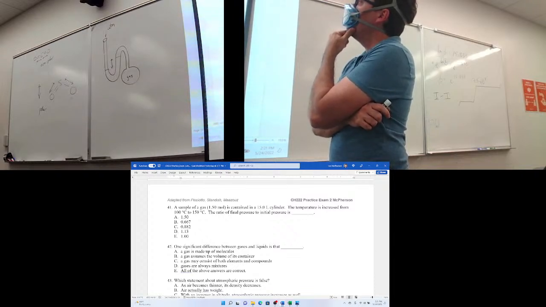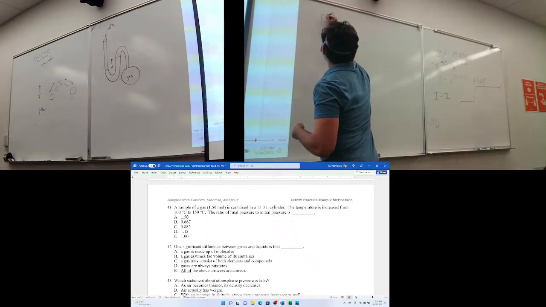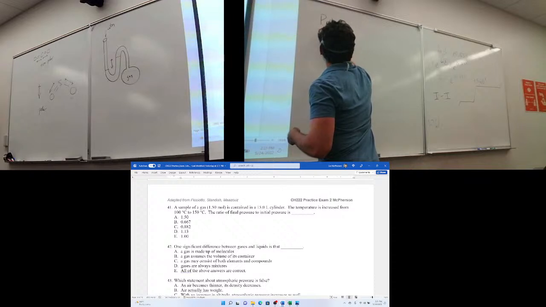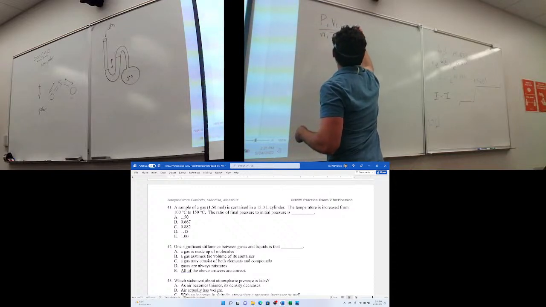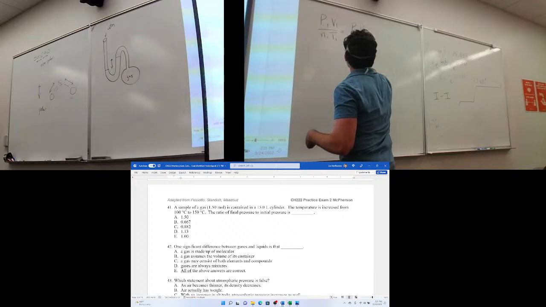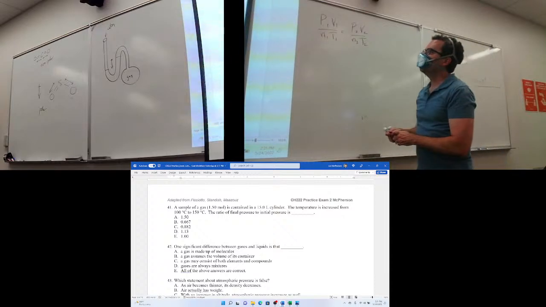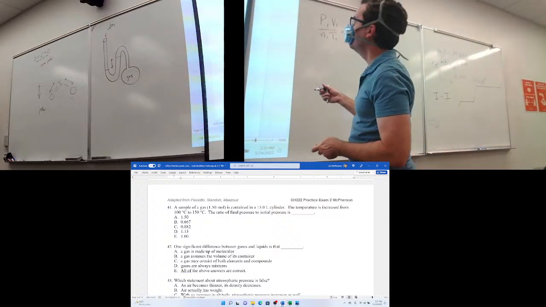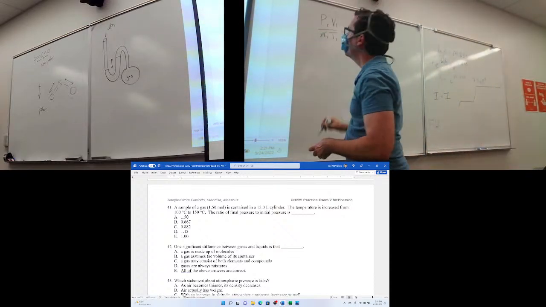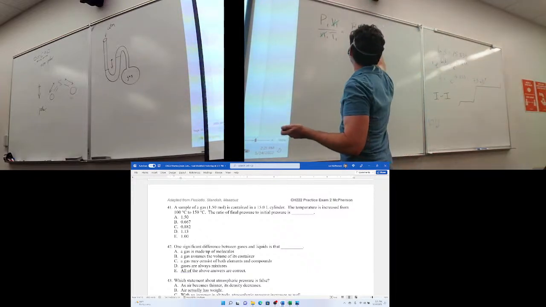All you got to do here is P1V1 over n1T1 equals P2V2 over n2T2. First, let's simplify this. The number of moles isn't changing, so we'll get rid of the moles. And the volume isn't changing, so we can get rid of the volume.